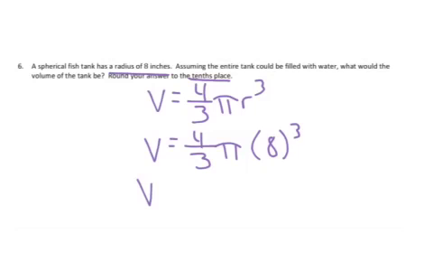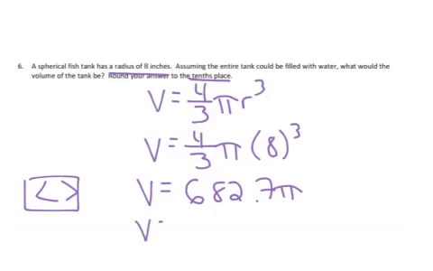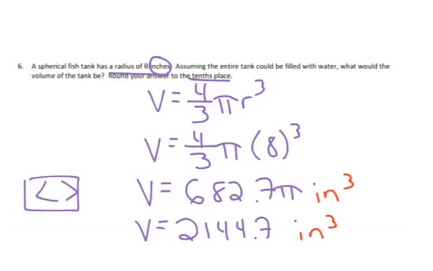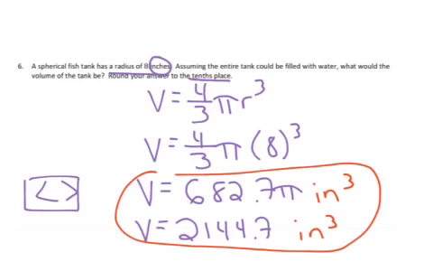So if I plug that all in my calculator, and you should try this on your own, you should get 682.7 pi, or if you press that arrow key, you would get 2,144.7. I'm dealing with inches, so make sure you label cubic inches. The volume is always to the 3rd power because it's 3-dimensional.